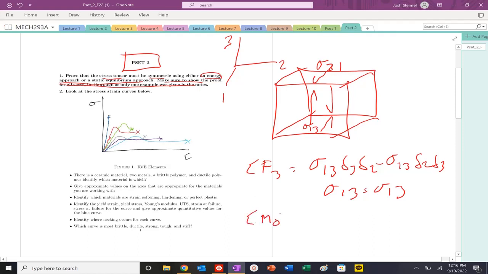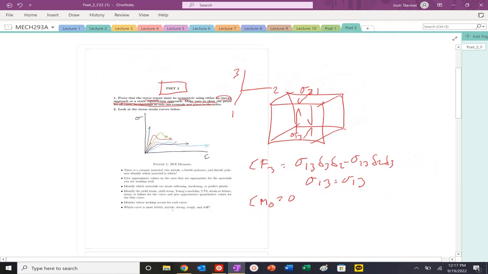But now let's look at the moment. We could pick any reference point for our moment, but let's do the sum of the moments about our origin. We could indicate right here where we are going to sum the moments in this problem. The sum of the moments must be equal to 0.